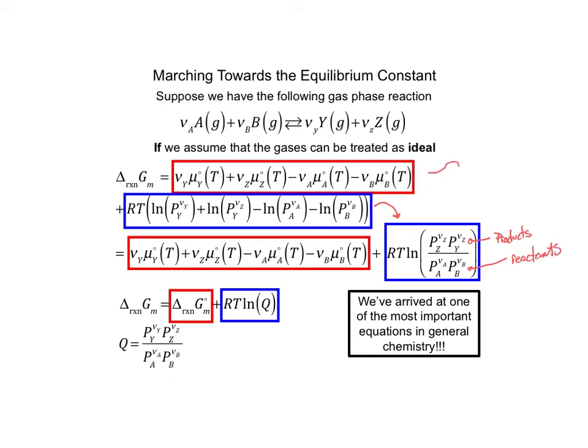And we still have this expression that we have seen before. This is delta G. And it turns out that we can define this ratio of the pressures, we can define those to be Q, the reaction quotient.